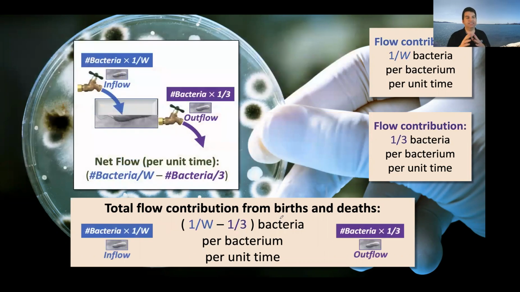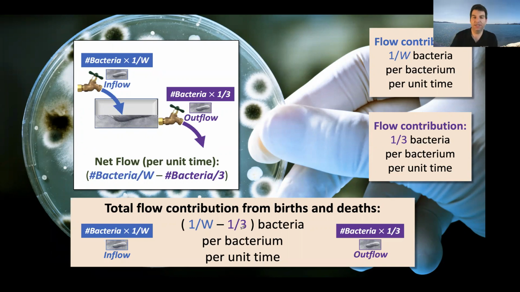So that's all I'm summarizing here: we've got an inflow, which is however many bacteria we have times their inflow contribution. That gives us the total inflow rate. And then the outflow is however many bacteria we have times their contribution to the outflow, how many bacteria are leaving the system. Every bacteria is leaving the system at a rate of 1 over 3. So that's the outflow rate. You put both of those things together, and then the net flow is just inflow minus outflow.